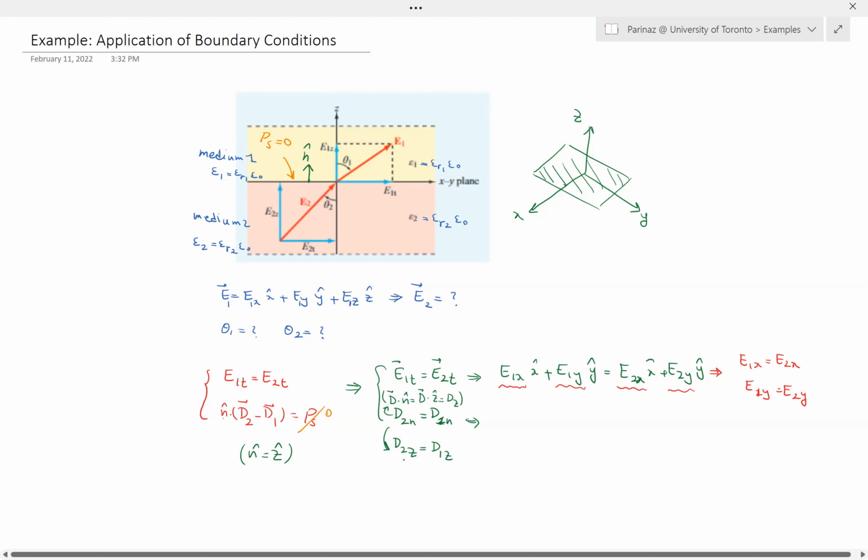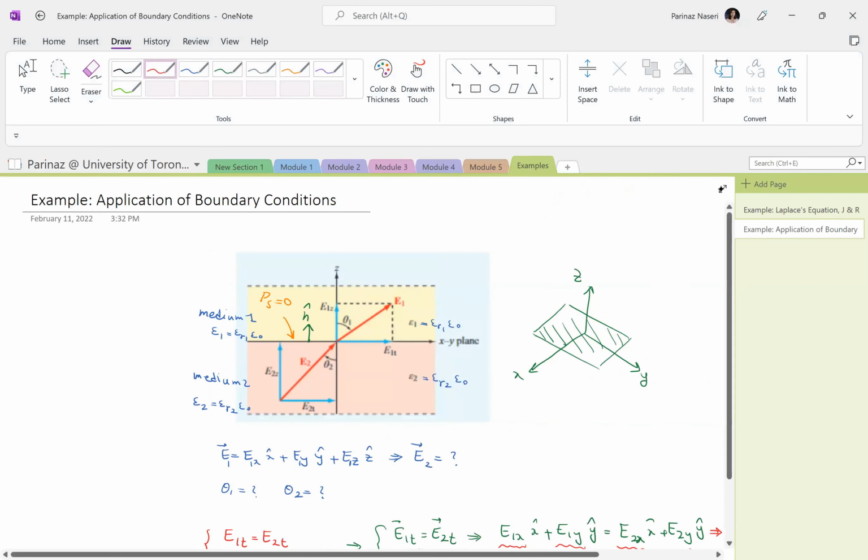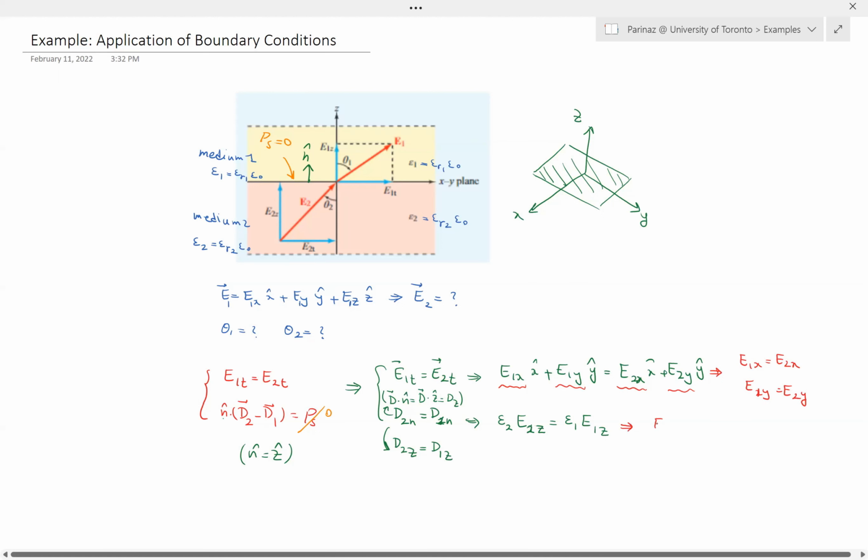D2Z must be equal to D1Z. Inside the dielectric, we know D is equal to epsilon multiplied by E, which means epsilon 2 multiplied by E2Z must be equal to epsilon 1 multiplied by E1Z. So we found E2Z must be epsilon 1 over epsilon 2 E1Z.